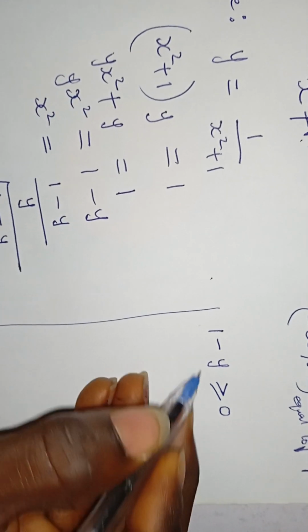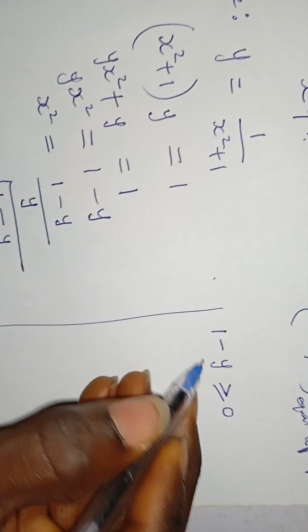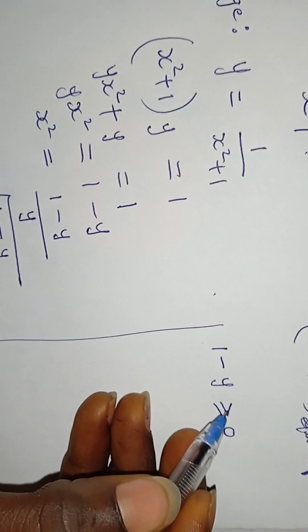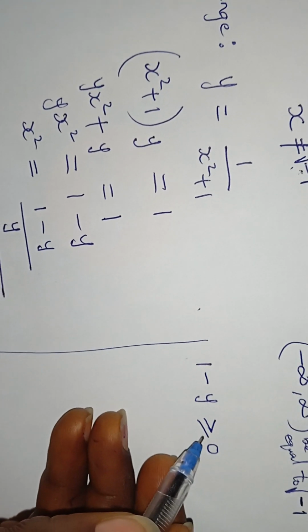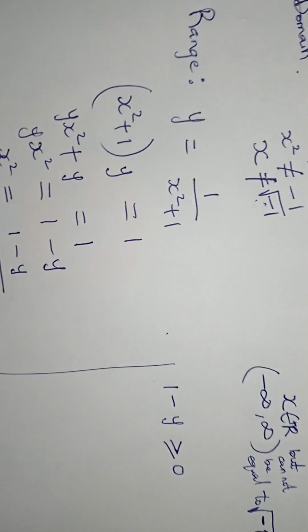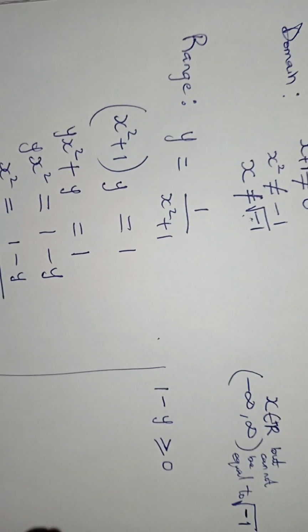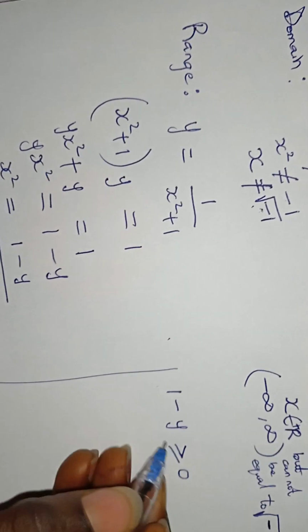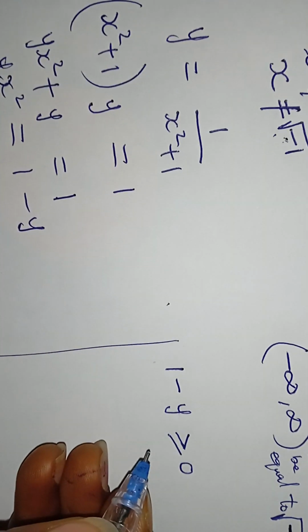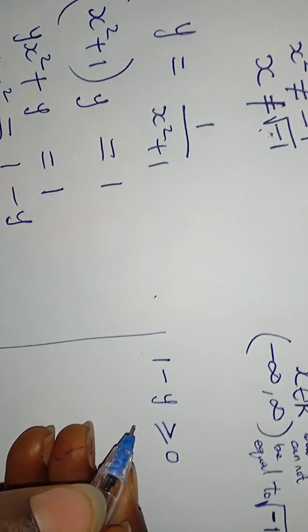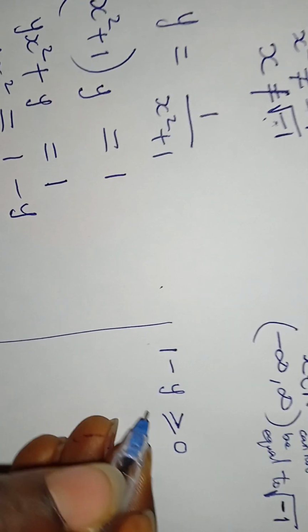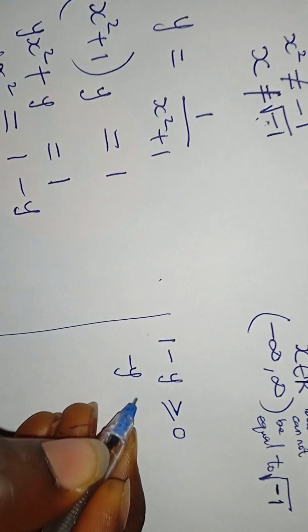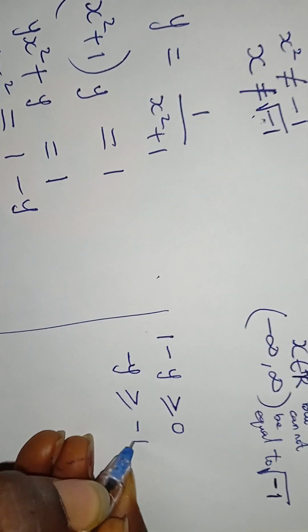Whatever you're solving here, once it's under a square root, it must be greater than or equal to 0, because if it's less than 0, that is minus, and minus cannot be found inside square roots. Once minus is found inside a square root, it's no longer a real number, it's a complex number. So we must have 1 minus y greater than or equal to 0, so that y is greater than or equal to minus 1.